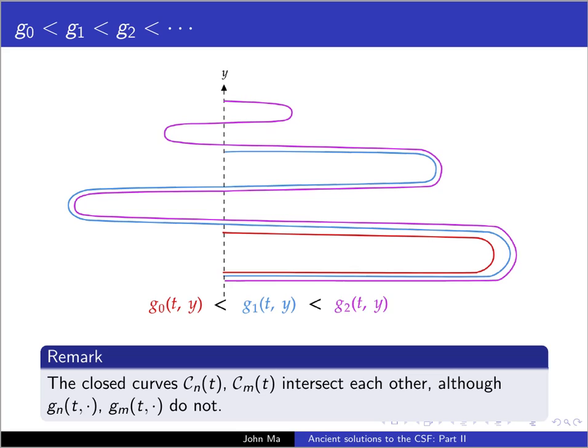So all these Cn, Cm are going to intersect each other, although the corresponding functions Gn do not intersect each other. This is one curious observation: in the arguments we have to use the maximum principle, but in a very careful way, because sometimes we're actually using it on the functions Gn instead of the curve Cn.